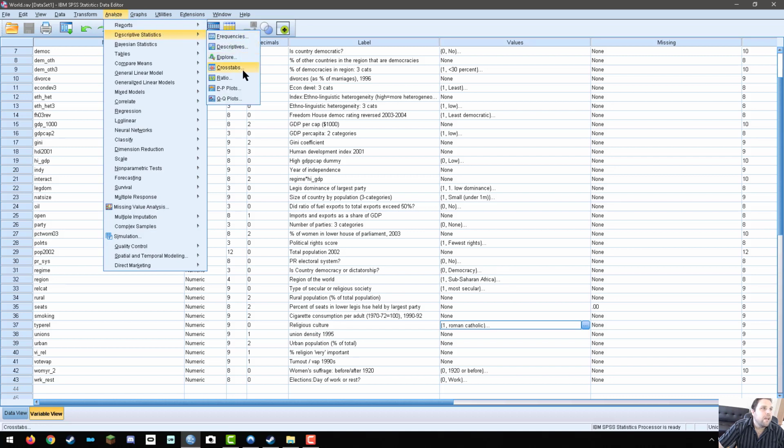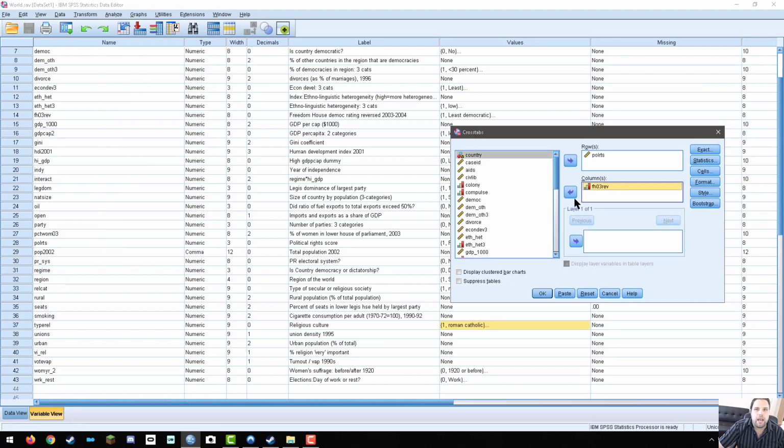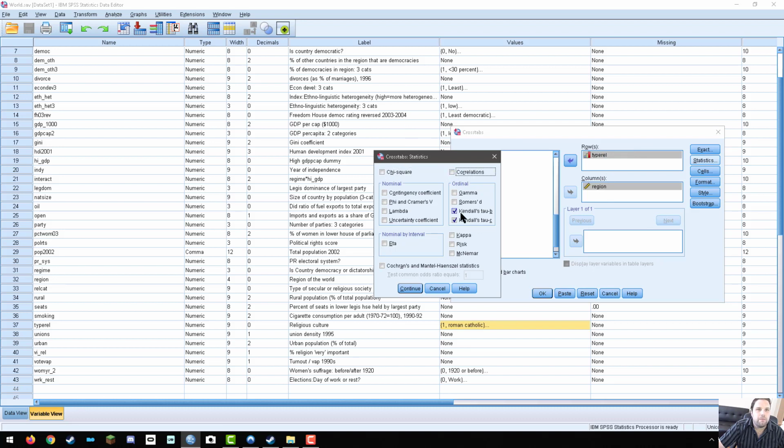So we're going to see if religious culture is affected by the type of society. So again, analyze, descriptive statistics, crosstabs. This time we're looking at how the region we're in affects religion, the variable type rel. So region by type of religion. Now we're going to hit statistics again. We're not going to be running these analyses anymore. Instead, since we have nominal level data, we're going to do a chi-square test.